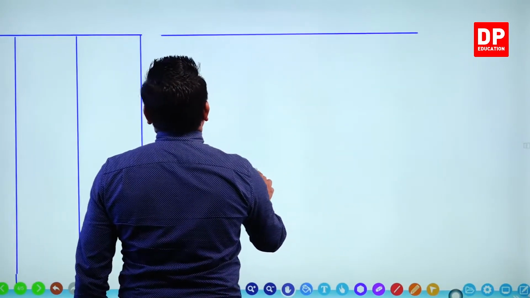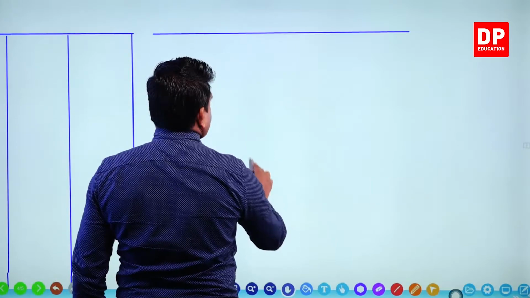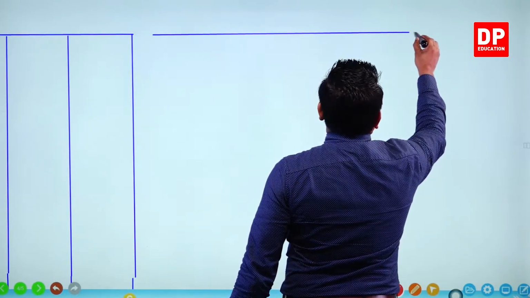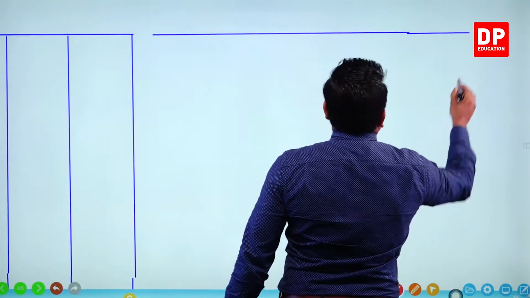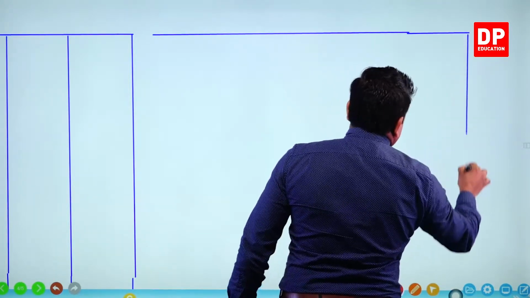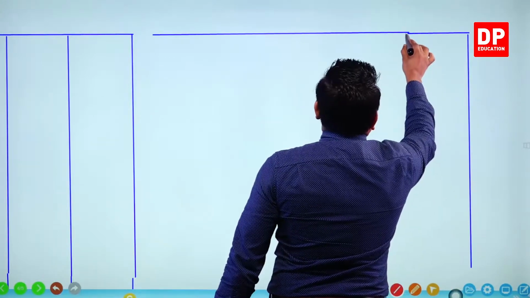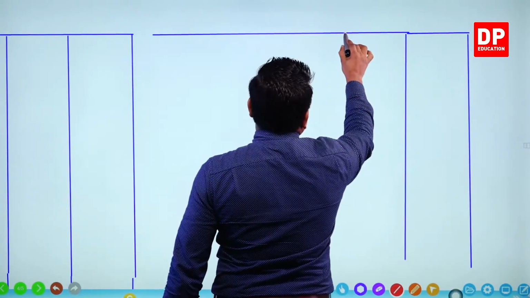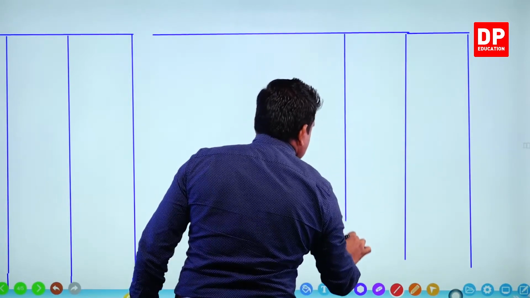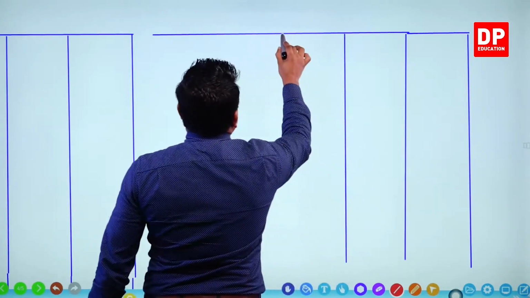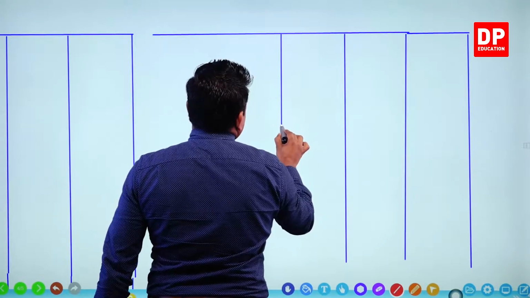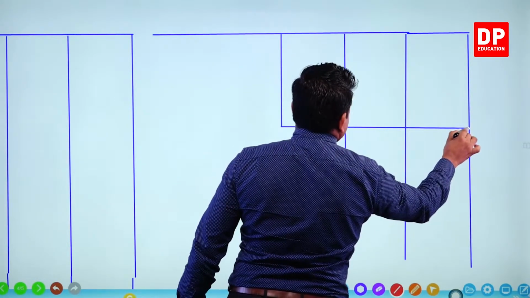Here we have to draw statement of financial position. Here also you can draw 3 columns, but you know, last 2 columns we expand to down, but first column we stop in this place.